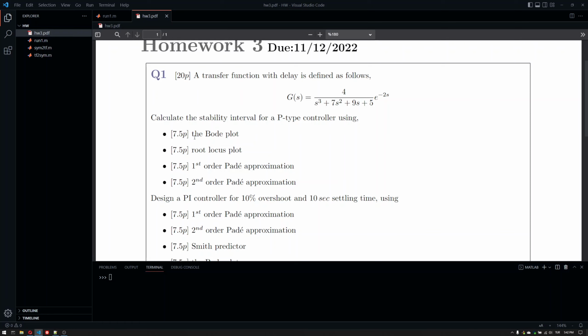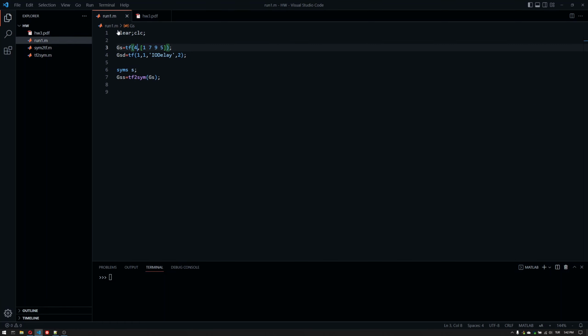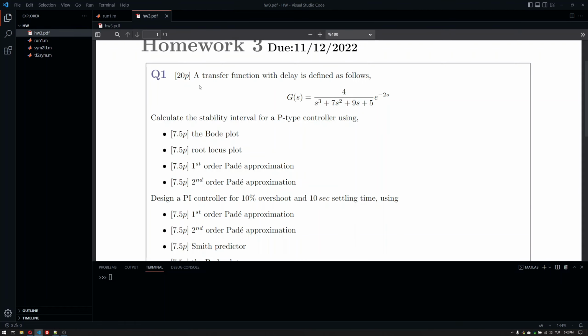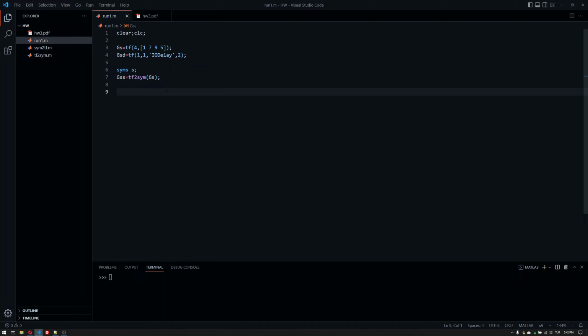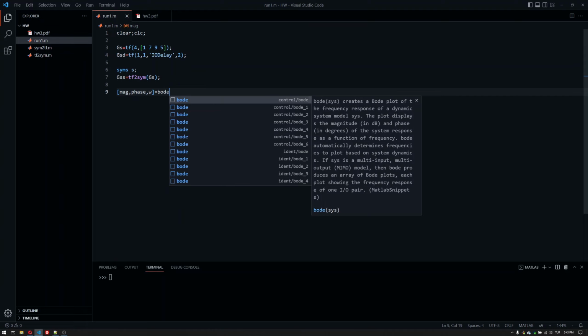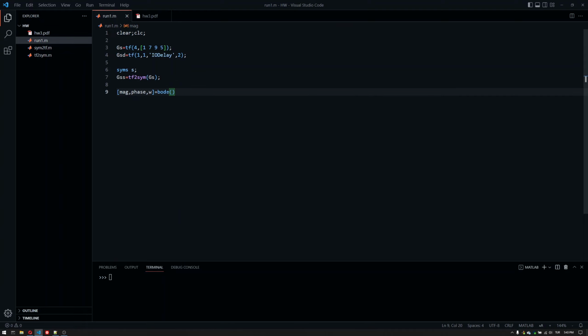Now, we are asked to look for the Bode plot. So for the Bode plot, we're going to plot it, and we're going to look for specific points on the Bode plot. So let's dive right into it. We can get the Bode plot using mag, phase, and omega, calling the bode function here.